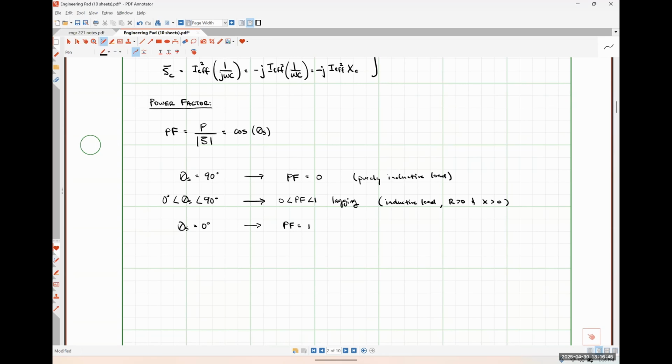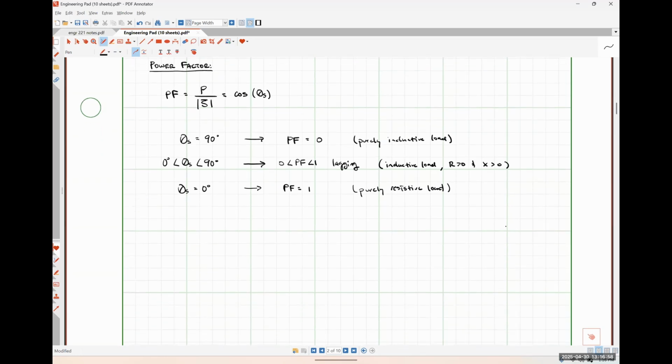So that means that we must have a purely resistive load.